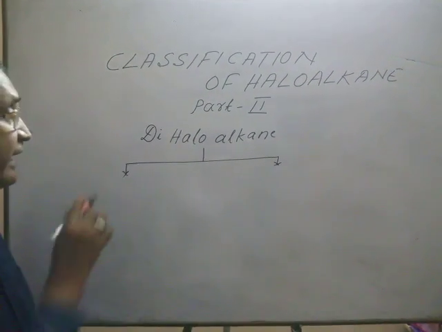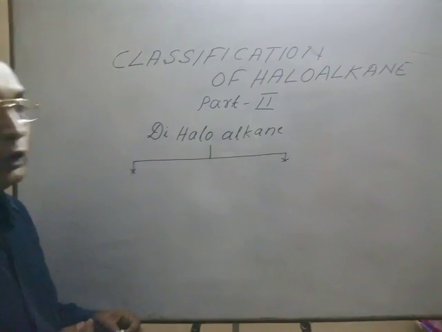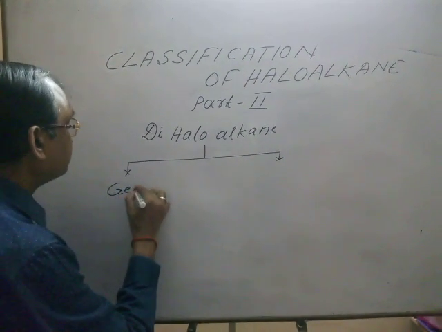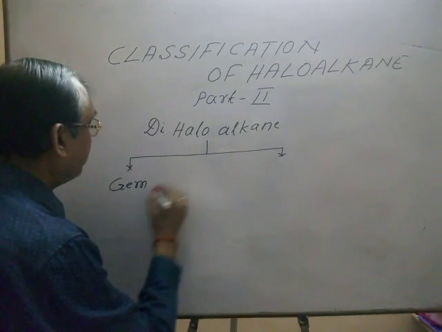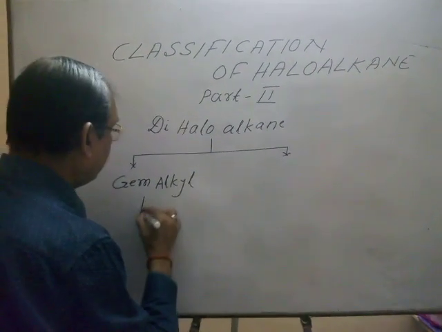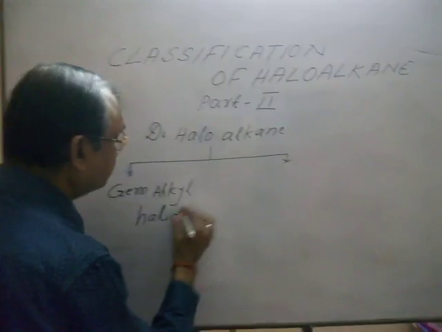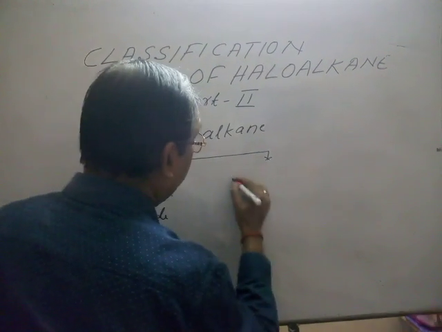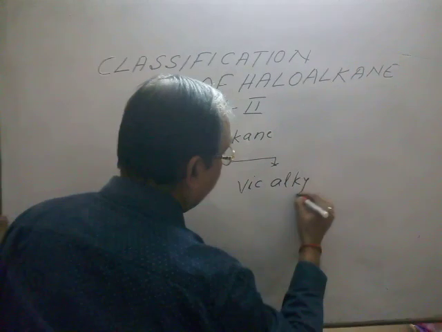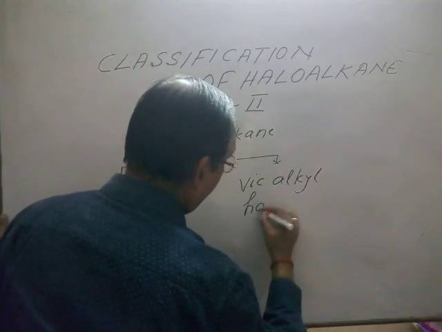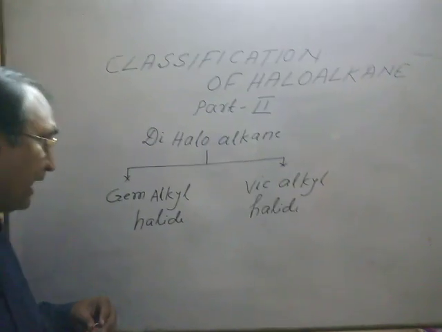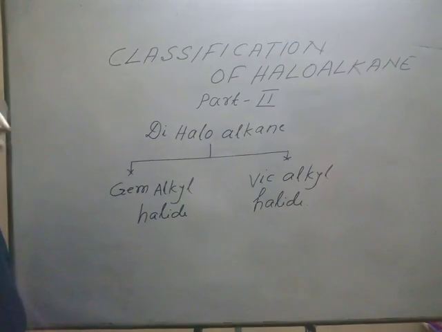One is GEM, G-E-M, alkyl halide, and the other is vic alkyl halide. One is GEM alkyl halide and the other is vic alkyl halide.